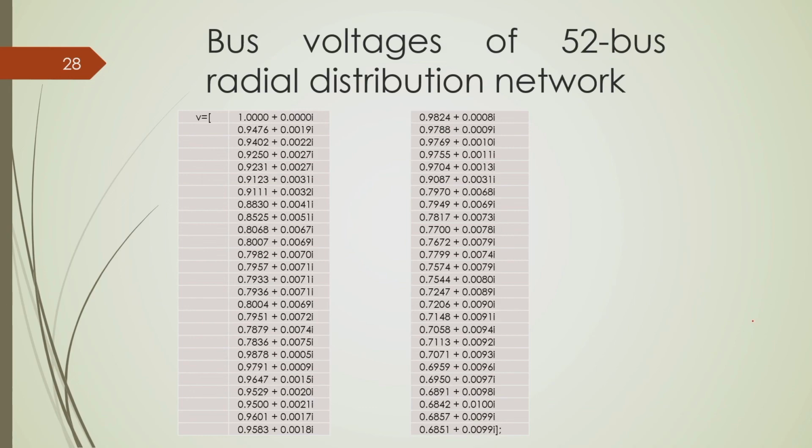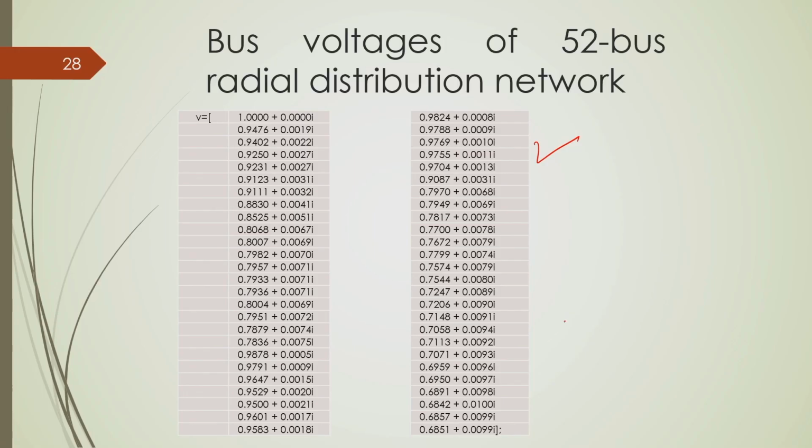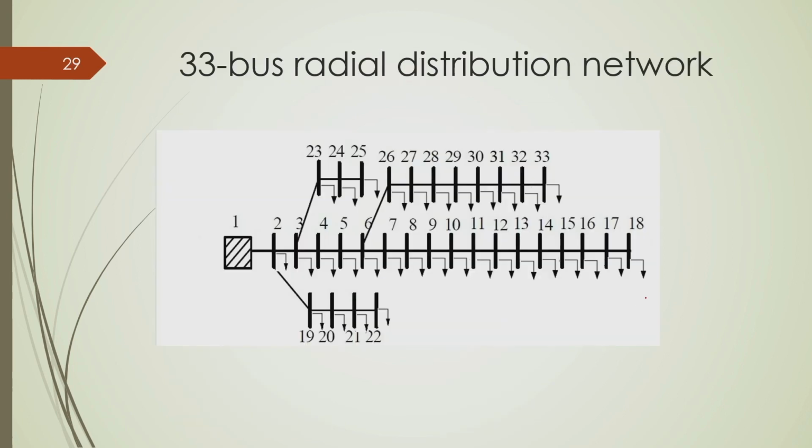Then this is again the voltage value of this 52 bus system in per unit. From here you can get the magnitude of the voltage as well as the angle. And this is another radial system which is called the 33 node system or 33 bus system, having one main feeder.